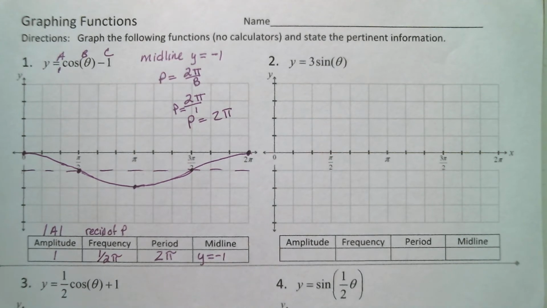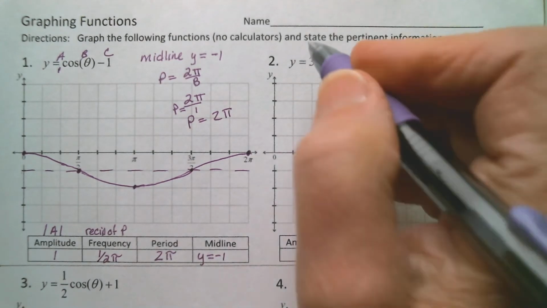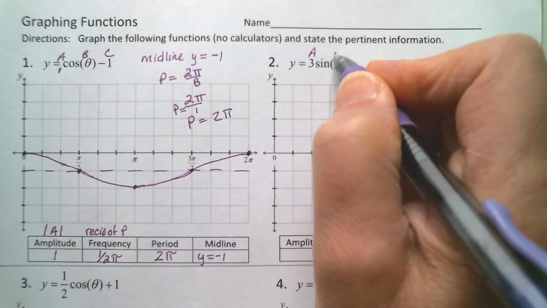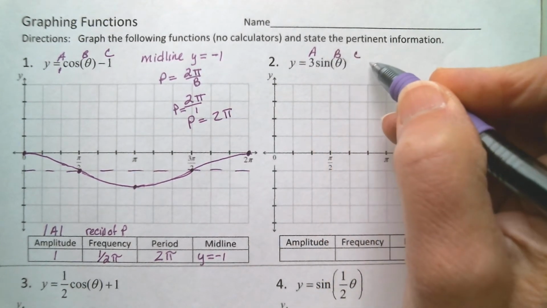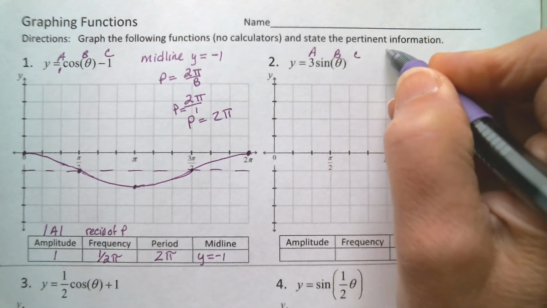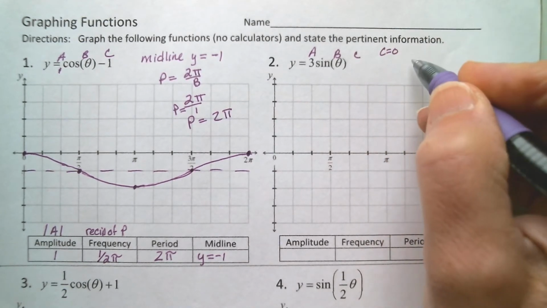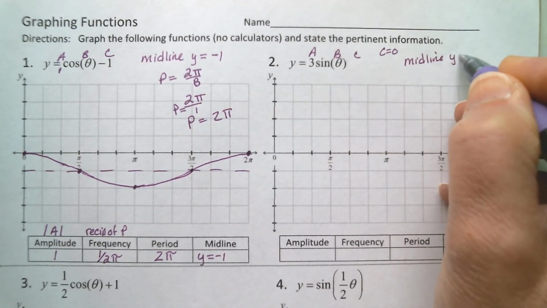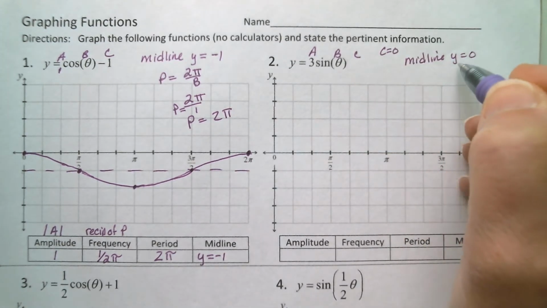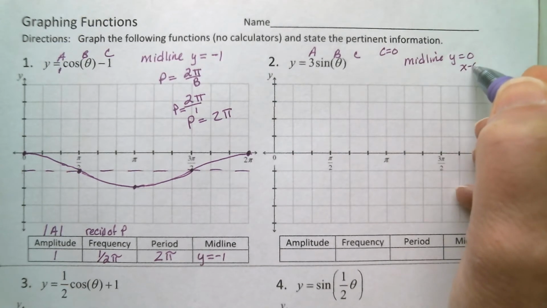Number 2, y equals 3 sine theta. And write down A, B, and C. So here for C, there's nothing, so C is equal to 0. So our midline is y equals 0, which is the same as your x-axis.